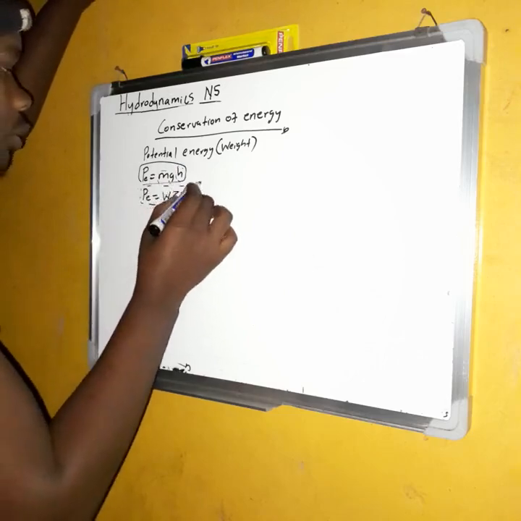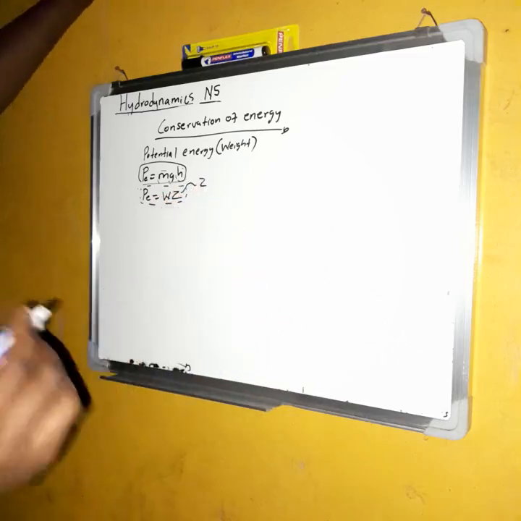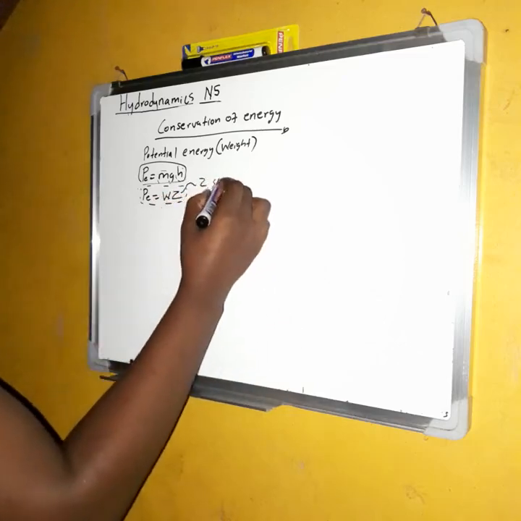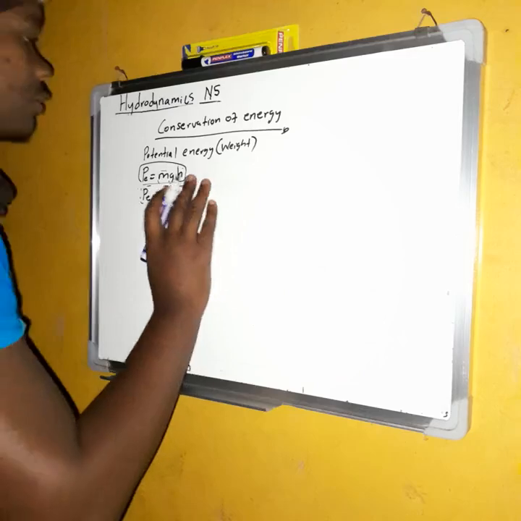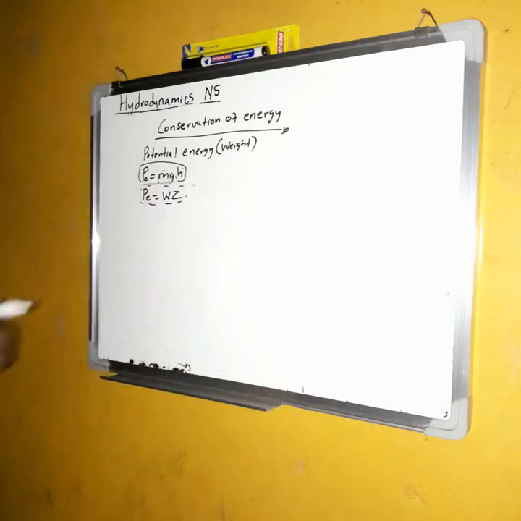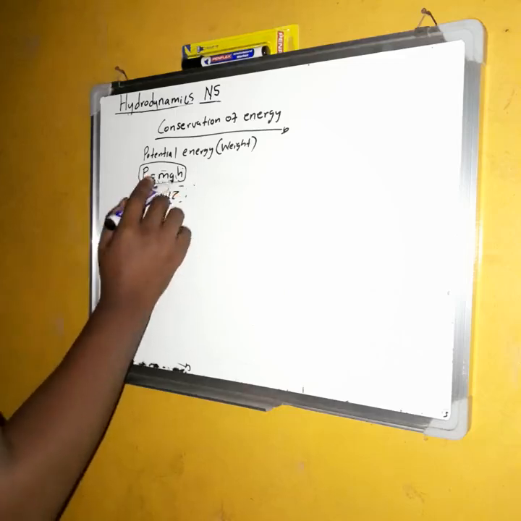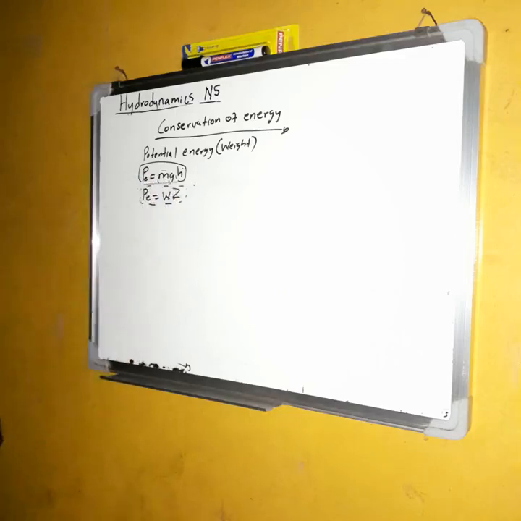This z will be taken from the Bernoulli's equation. That is the height above level. This z is the height above level. Must know that.